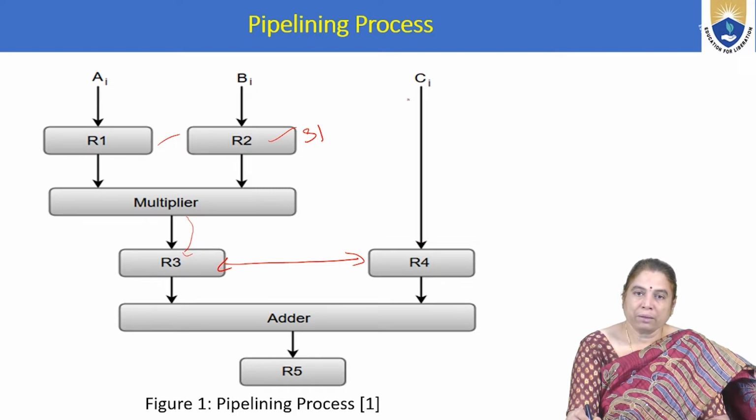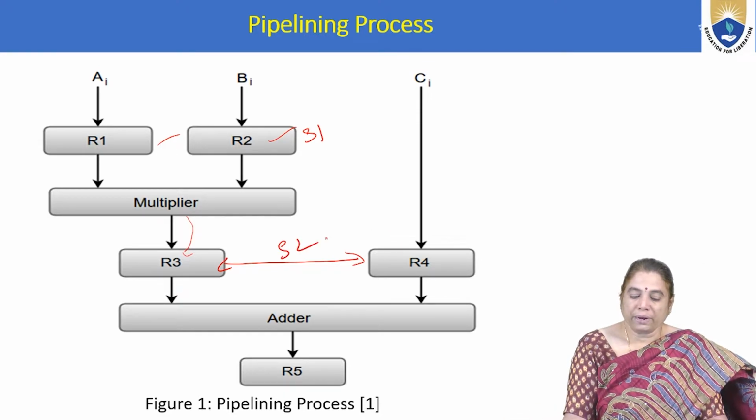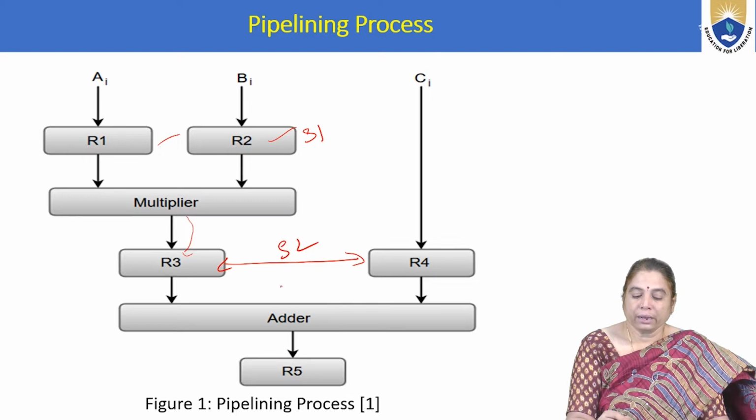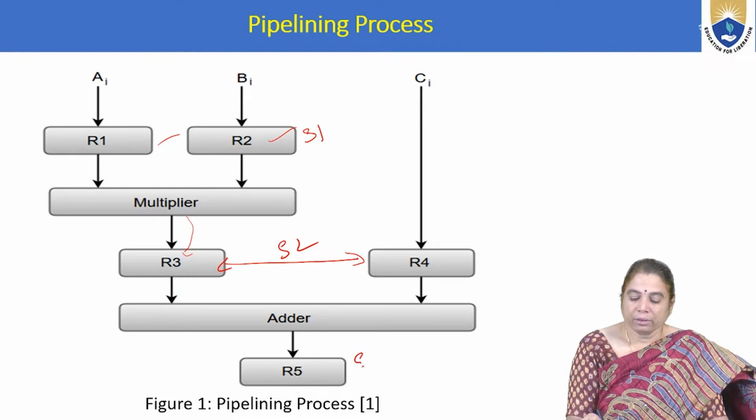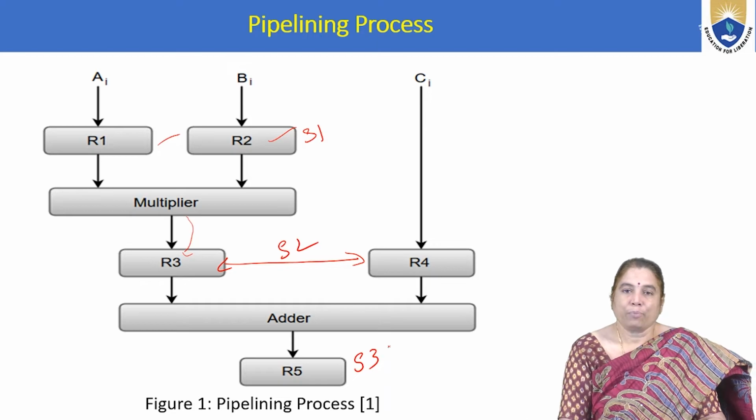At the same time, the C value can be loaded to the R4. So this is the segment 2 operation. And after getting this product, R3 and R4 can be added, and the result is stored in the register R5. This is the segment 3 operation.